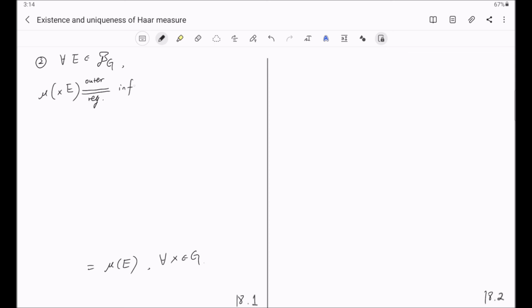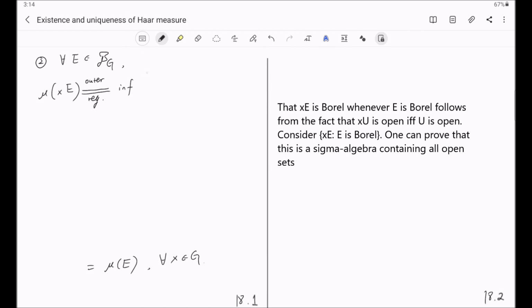By the outer regularity, the measure of any measurable subset is equal to the infimum of mu of U's, where U contains xE and is an open subset of G. So this is precisely a statement of the outer regularity of a Radon measure.